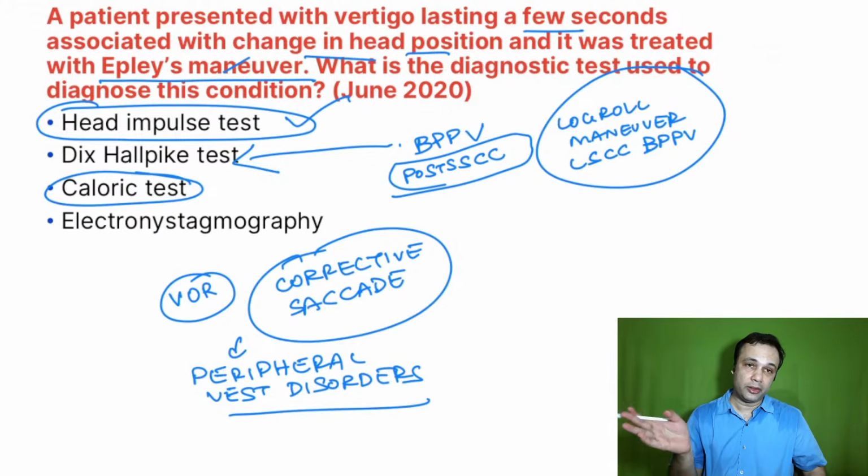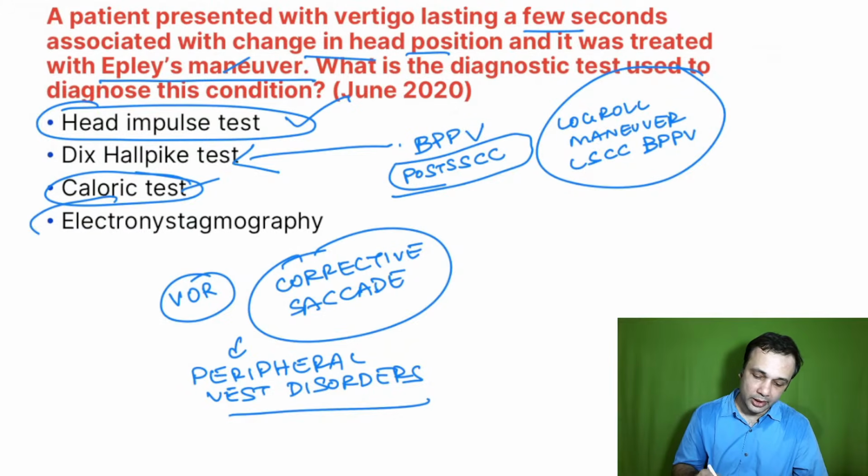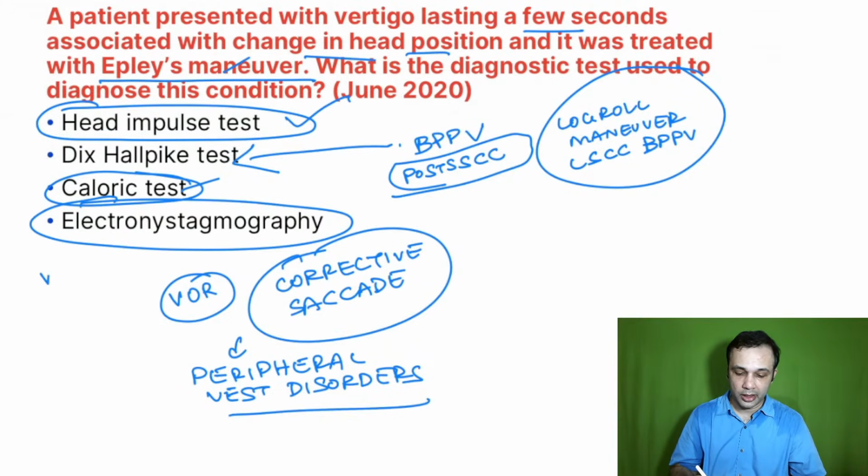Caloric test, already mentioned, hypoactive, hyperactive. You do that on a butterfly chart, you will be able to find out which part is hypoactive or hyperactive. Electronystagmography, once again done to check the vestibulo-ocular reflex and also for supranuclear oculomotor testing.